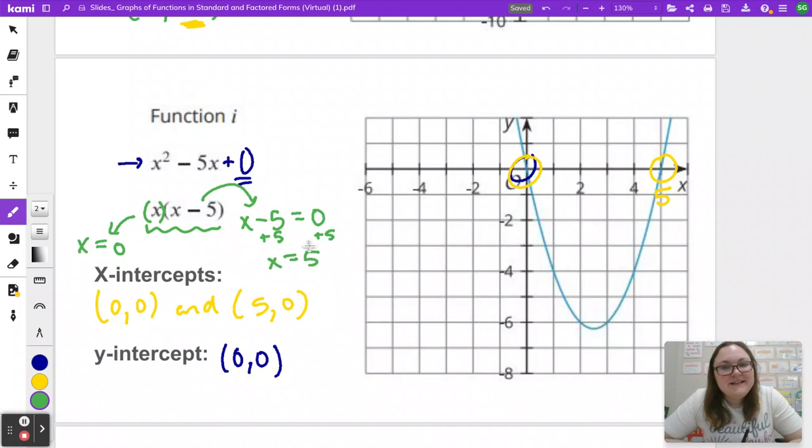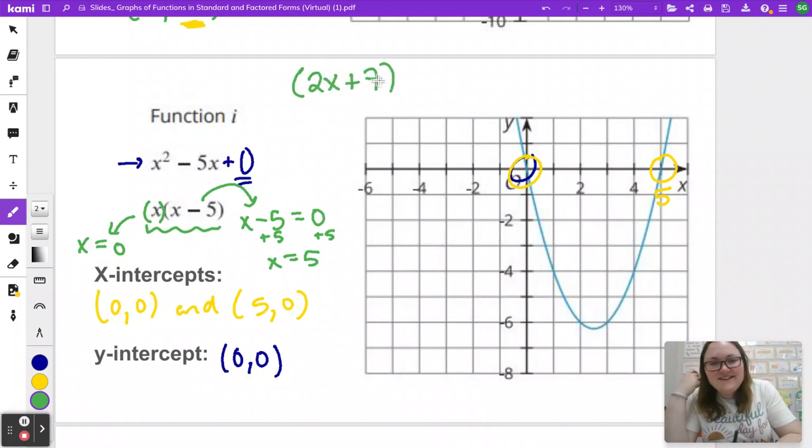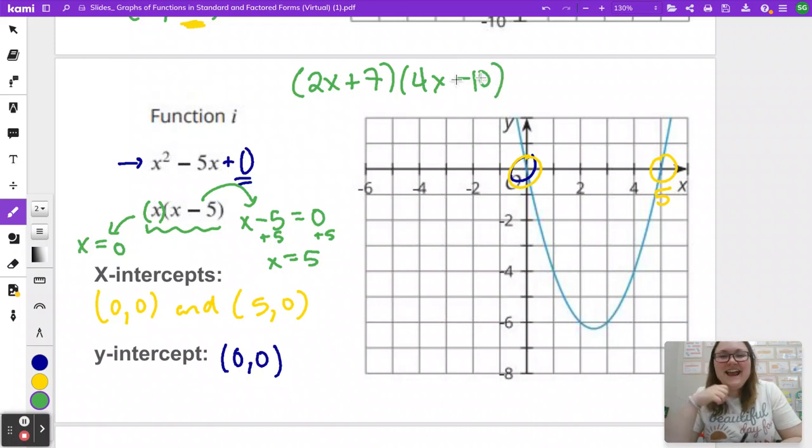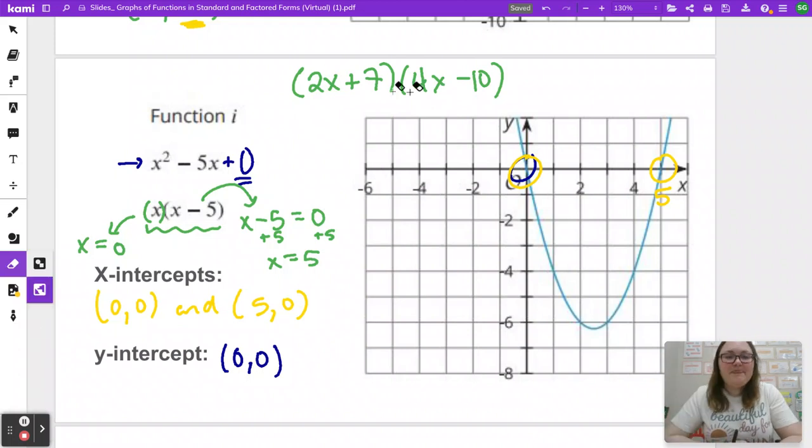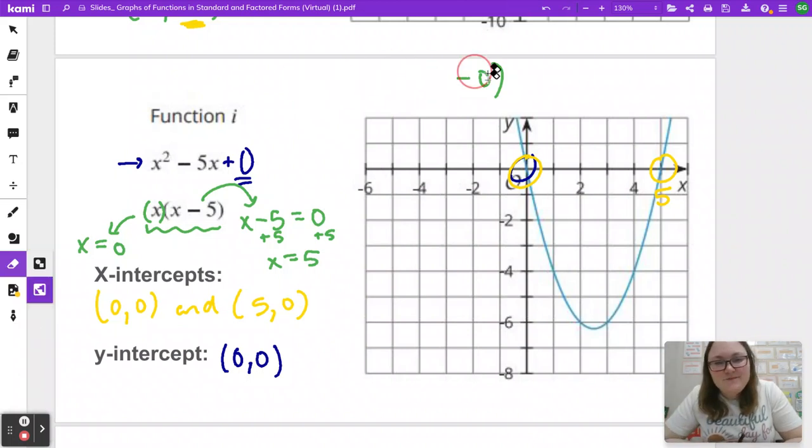But knowing that you need to set it equal to 0 is going to be important for more complicated factored forms, like we've seen, where it's not as simple as these. You might have 2x plus 7 times 4x minus 10. And it's not as simple as just switching a sign, right? We need to know this idea of making it equal 0. And so that is the final piece here.